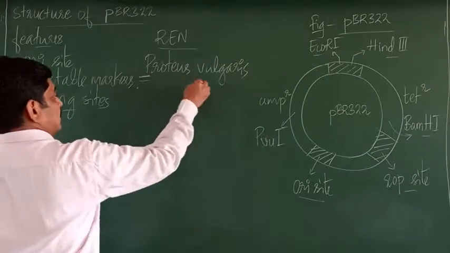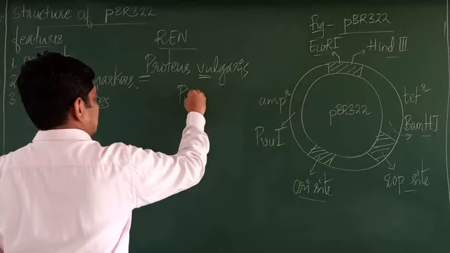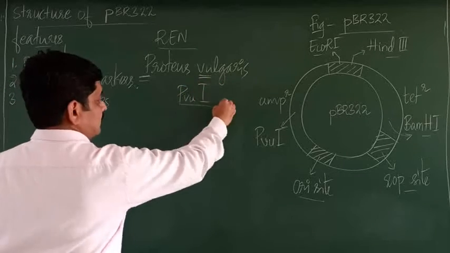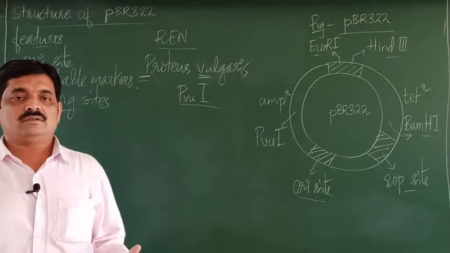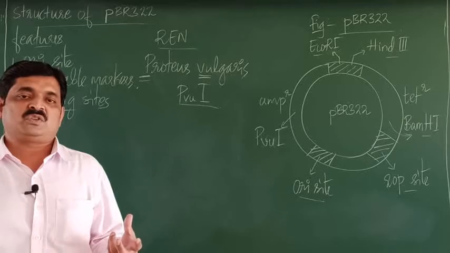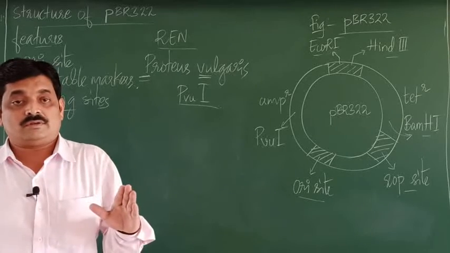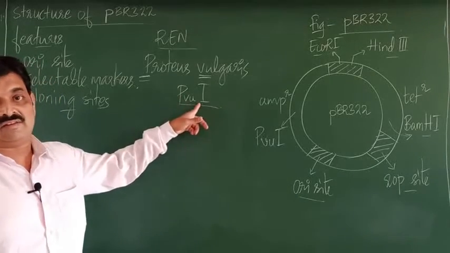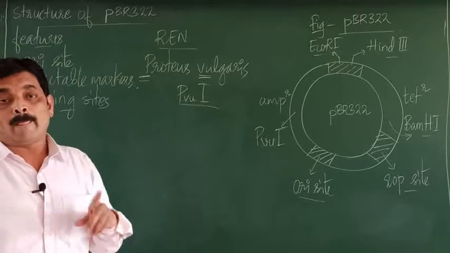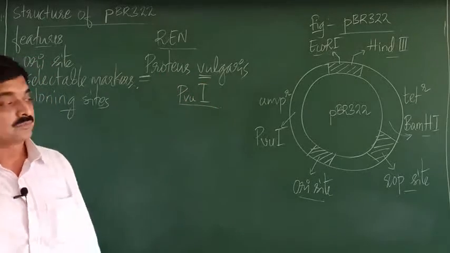So P and VU, PvuI. This is the sequence of isolation of this enzyme from this bacterium. So PvuI is a restriction endonuclease isolated from a bacterium called Proteus vulgaris.